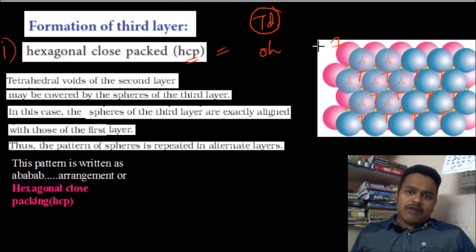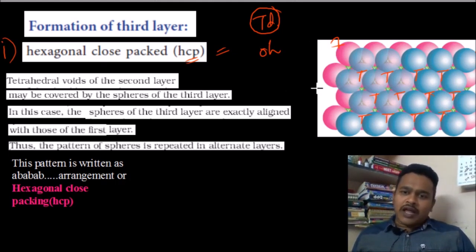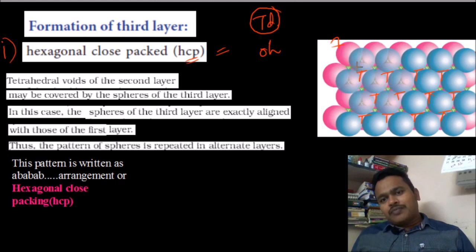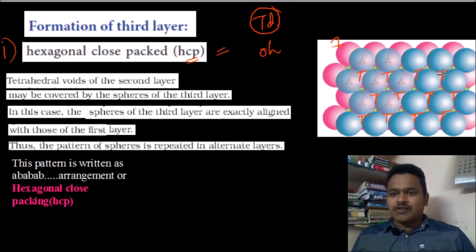Hexagonal close packing. First layer over, second layer over, and I want to make a third layer. Wherever these tetrahedral voids are there, we are going to fill them with the other set of spheres.